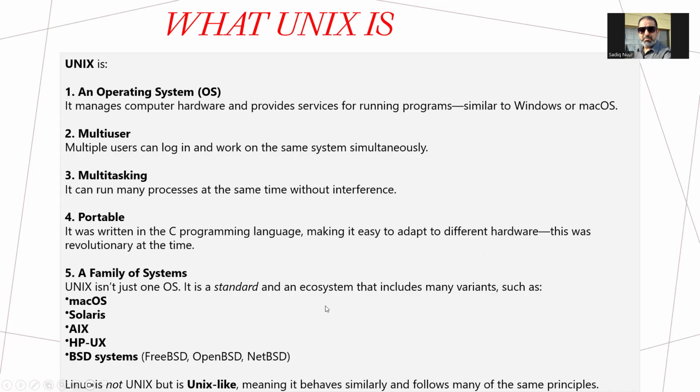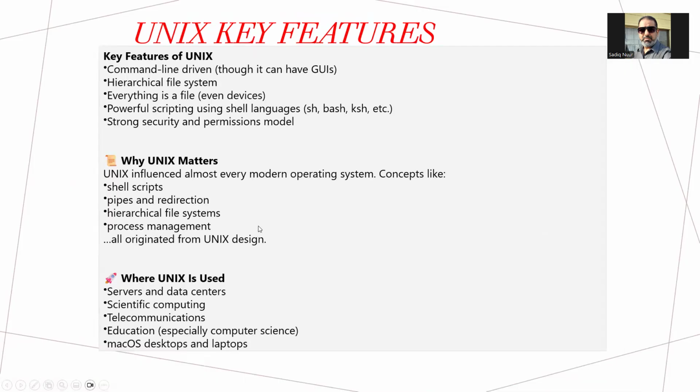It's a standard and ecosystem that includes many variants such as Mac OS, Solaris, AIX, HP-UX, and BSD systems like FreeBSD, OpenBSD, and NetBSD. You remember, Linux is not Unix, but is Unix-like, meaning it behaves similarly and follows many of the same principles. But Unix is not Linux, okay?